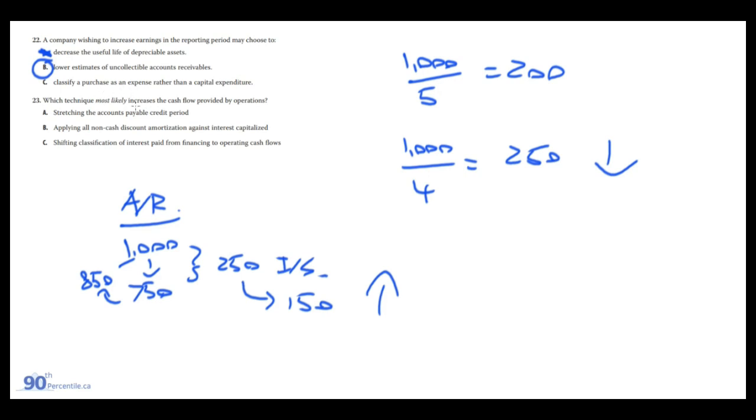And then finally, which technique most likely increases the cash flow provided by operations? A, stretching the accounts payable credit period. Yeah, this is the answer.